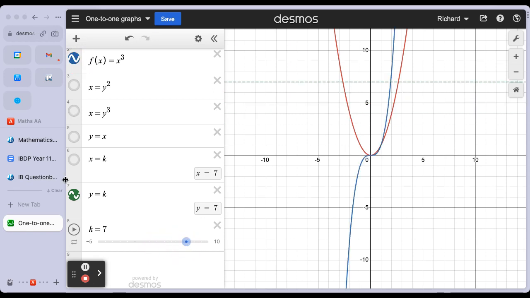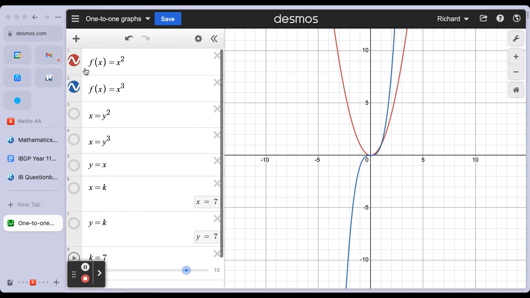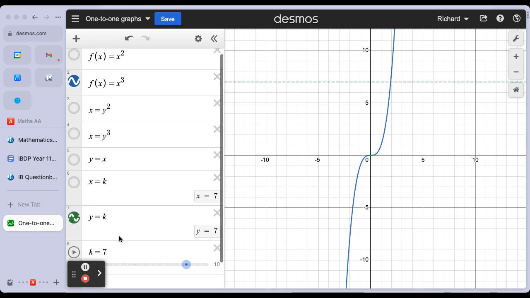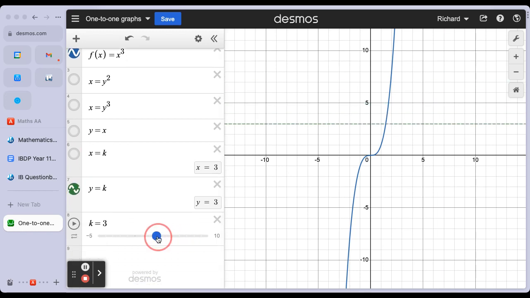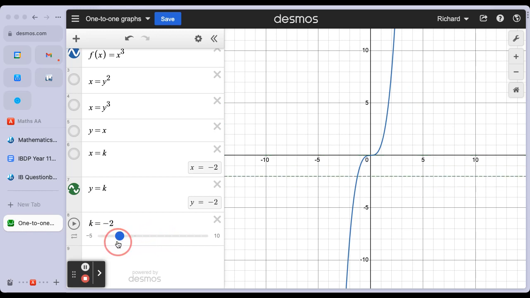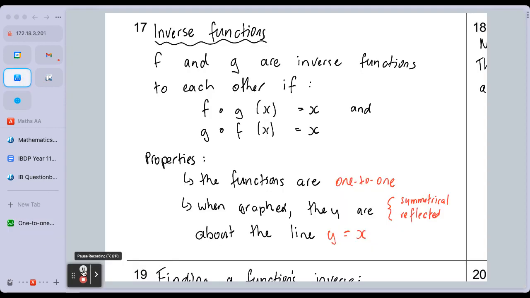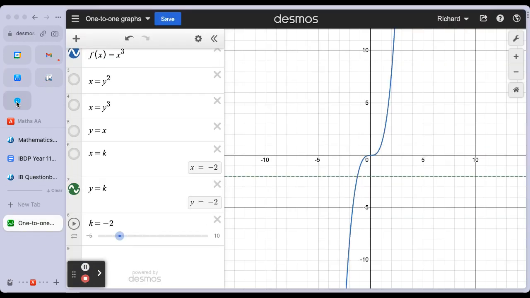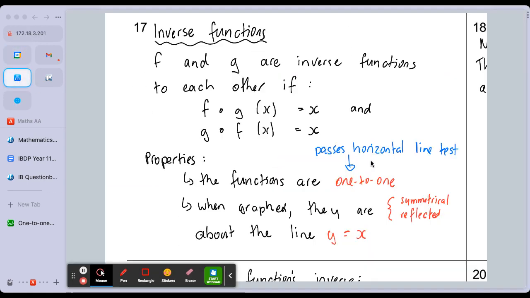If I look at a cubic, it passes the horizontal line test. So for a function to have an inverse, it must pass a vertical and horizontal line test. Just for the video, I'll say that I wrote passes the horizontal line test here.